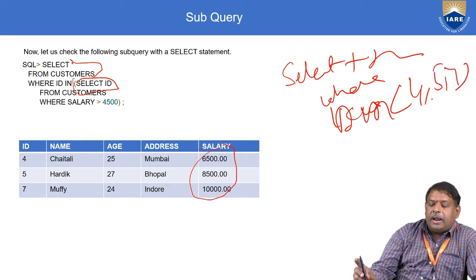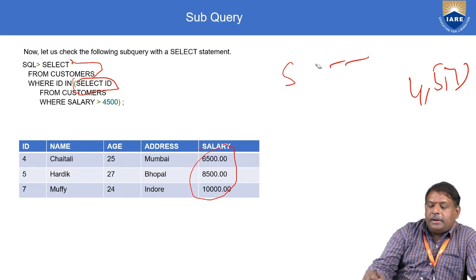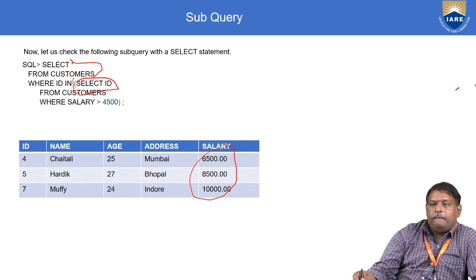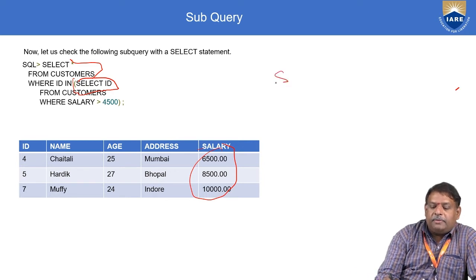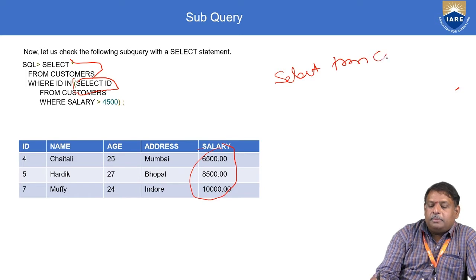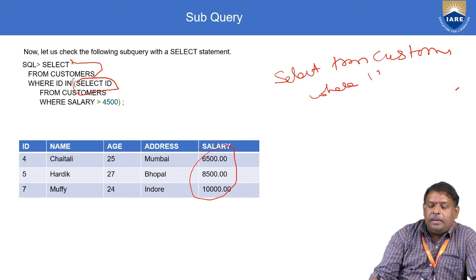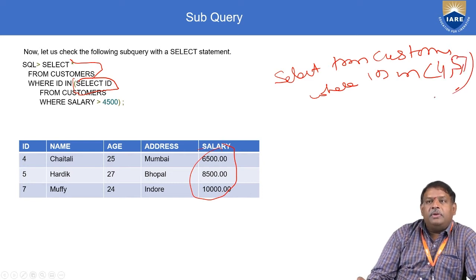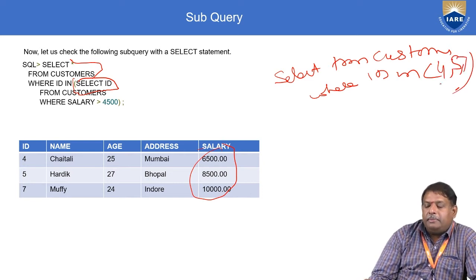Where ID in the ID, select star from customer where ID in 4, 5, 7. As we have seen, when I am expecting multiple rows, we should use in.